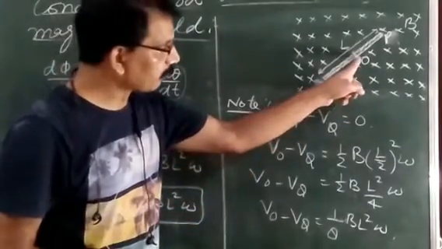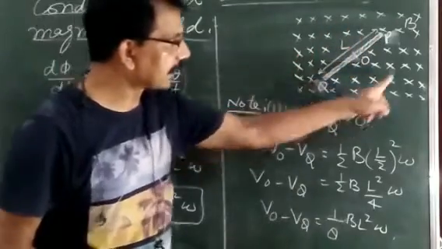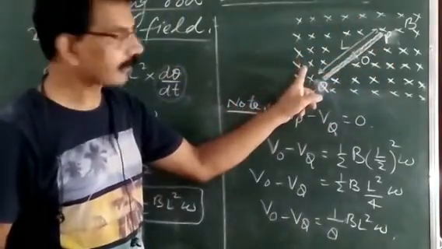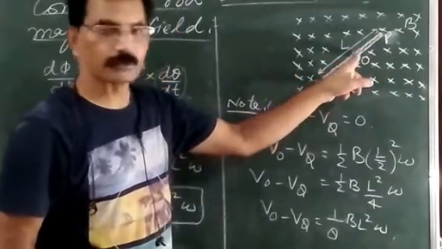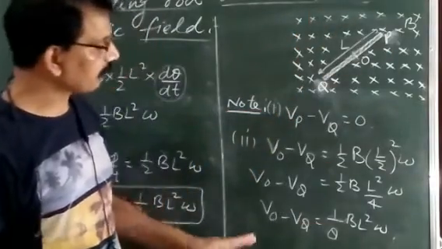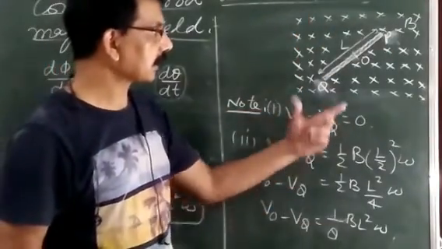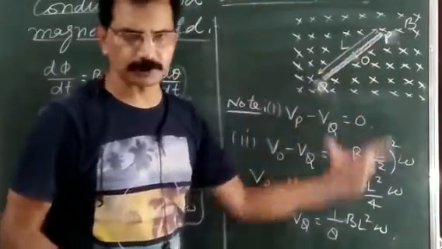If the midpoint O is at higher potential, then this rod will be rotated anti-clockwise. But if the potential at any end is greater than O, then this rod will move in the clockwise direction. So in this way, you can find out the potential difference across O and P, or O and Q, or across PQ.